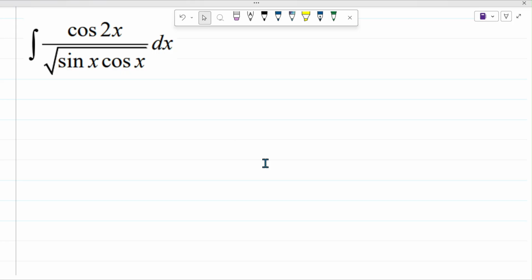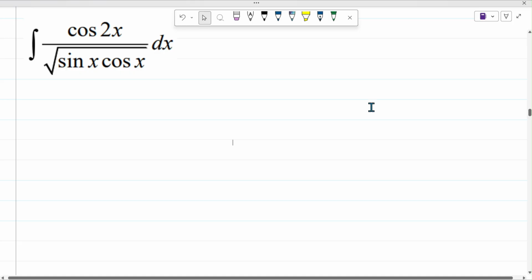So for this one, we've got the integral of cos of 2x divided by the square root of sine x cos x dx. We can see that definitely we have to make use of the general power rule. Why? Because there is nothing that we can conclude and say something was differentiated for us to get this complicated thing. No way.